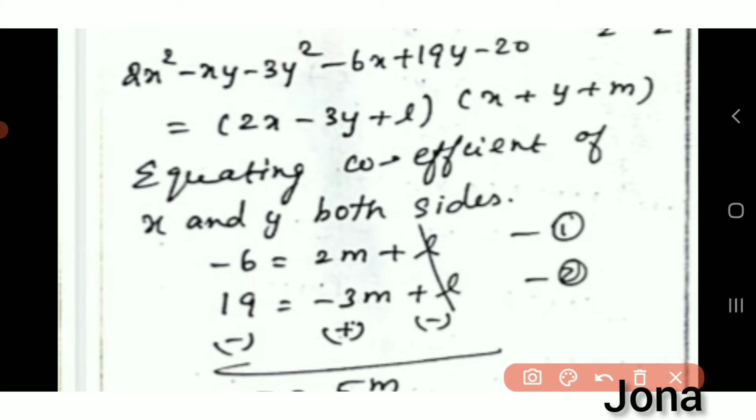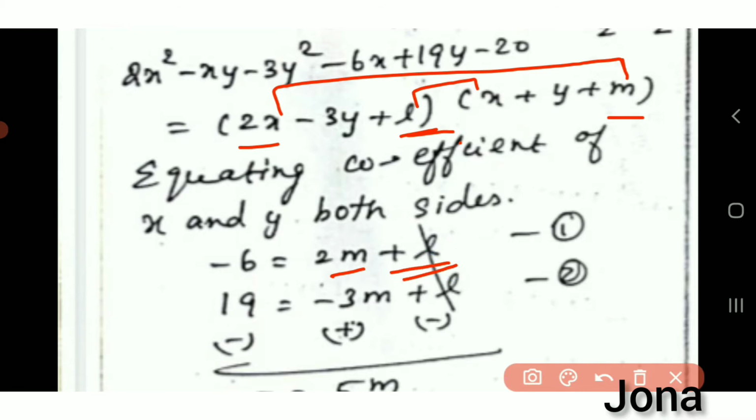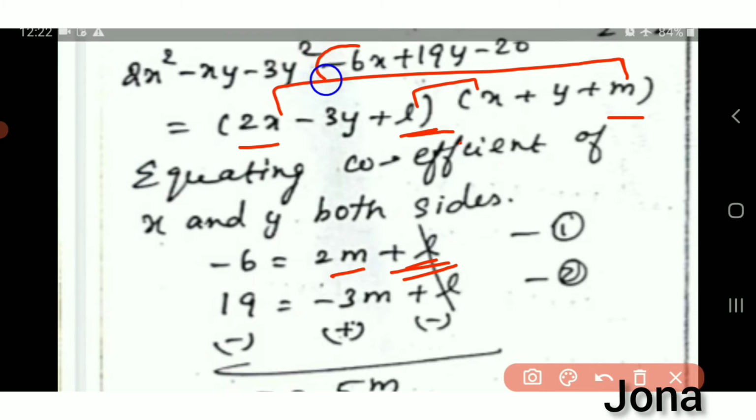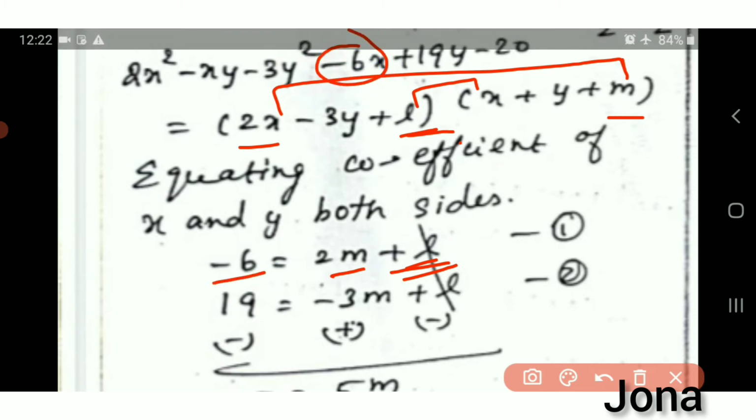How do we equate them? Take the innermost term Lx and the outermost term, that means 2x into M. If you multiply these terms we get the coefficient of x, that means 2M, and from Lx we get plus L. So on the right hand side we have 2M + L, and on the left hand side we have −6, the coefficient of the x term.